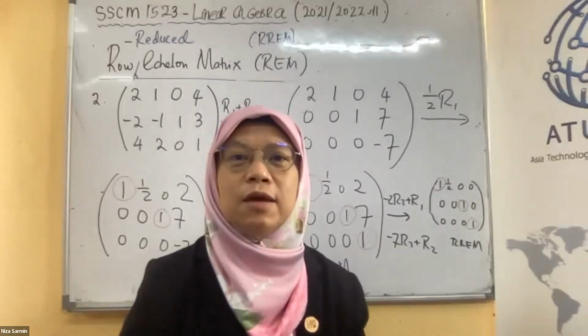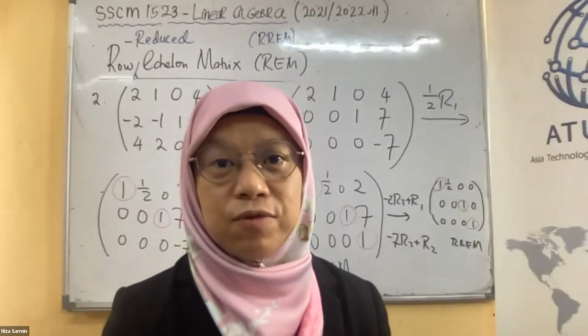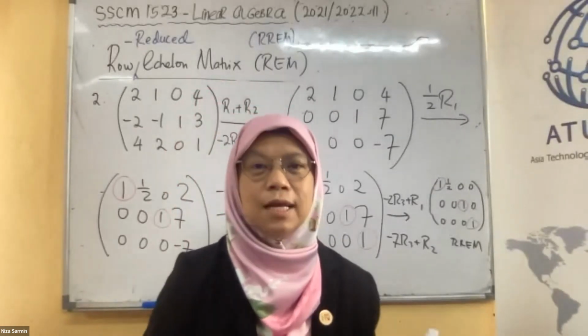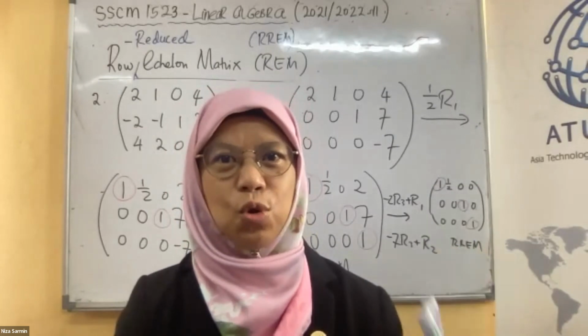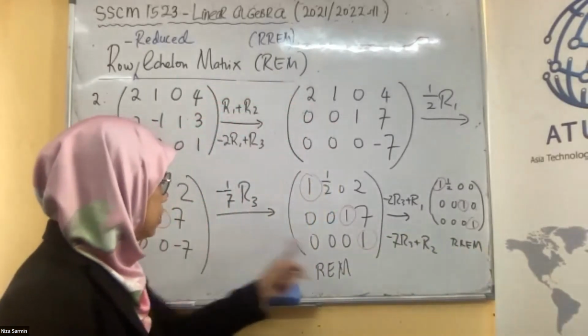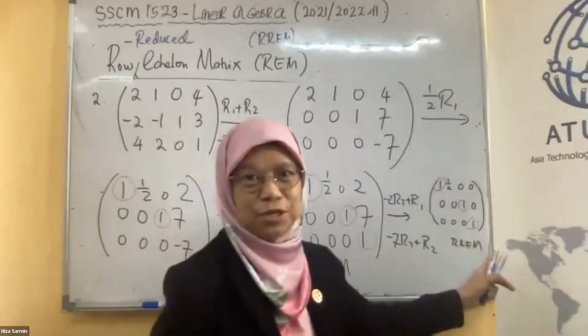Okay. Next is the definition of rank of a matrix. Very easy. The rank of the matrix is the number of non-zero rows in the row echelon matrix or row reduced echelon matrix.